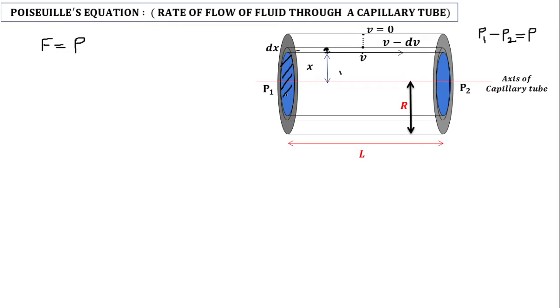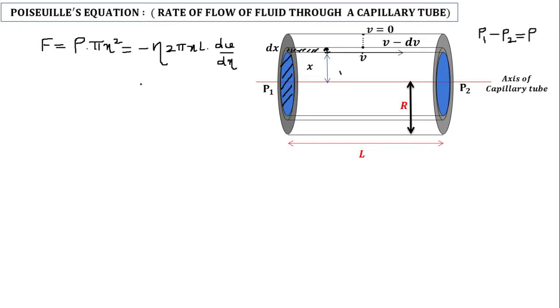This part is pi x square, so it becomes P into pi x square. This is the viscous force which opposes, and can be taken as minus eta into the area of this layer, which is 2 pi x into the length L, so it can be written as 2 pi x L into dv by dx.